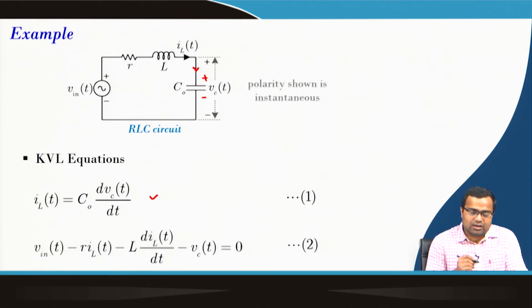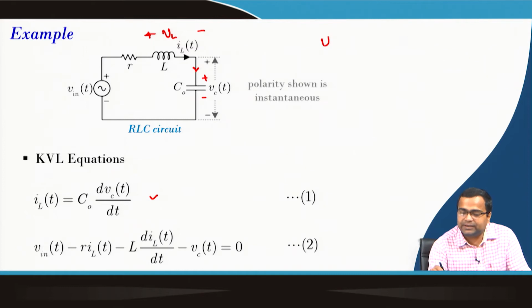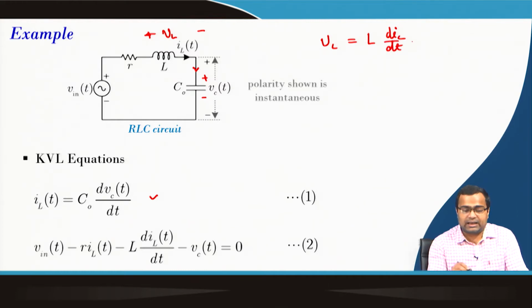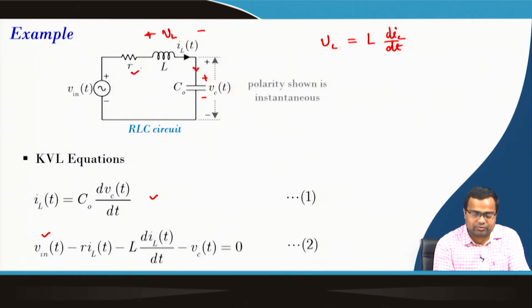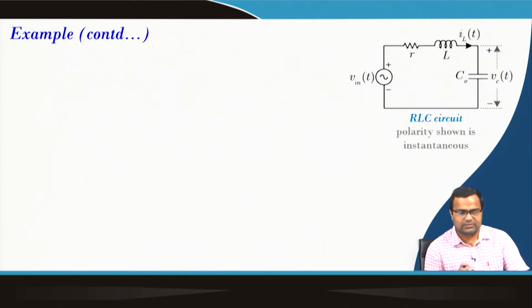Similarly, for the inductor current dynamics, if we take the voltage across the inductor, this is my VL, which is nothing but L dIL dt. And if we write the KVL, the full equation: Vin, then the drop across the resistance R into IL, then L dIL dt, which is VL, and minus Vc, the capacitor voltage, add up to 0.